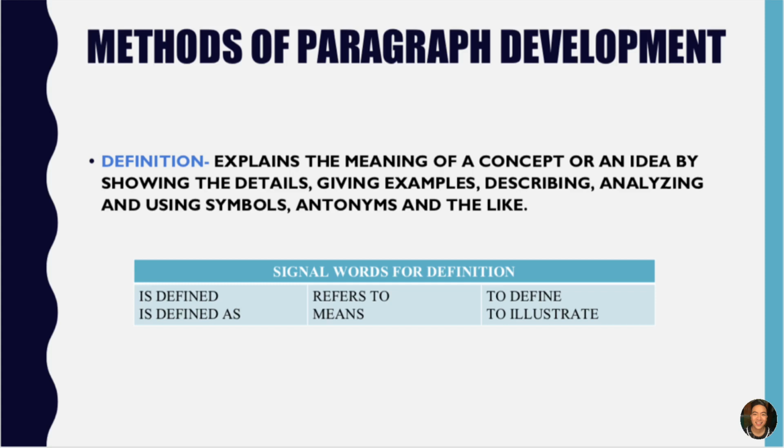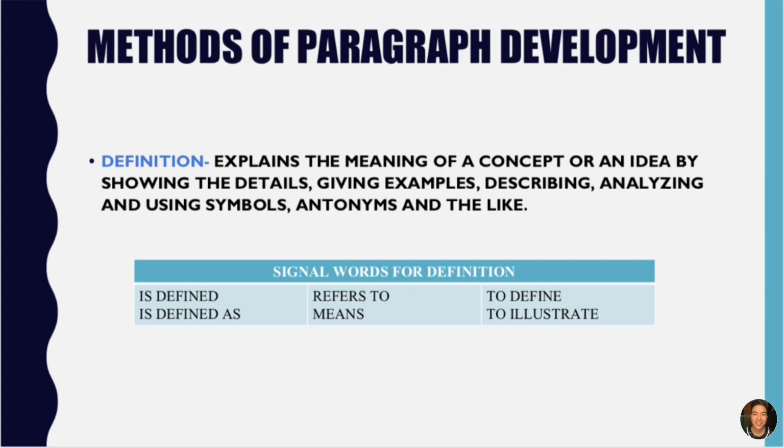The first method we have is definition. It explains the meaning of a concept or idea, showing the details, giving examples, describing, analyzing, using symbols, antonyms, and the like. This explains the technical terms and jargons to prepare the intended reader for the topic to be discussed.